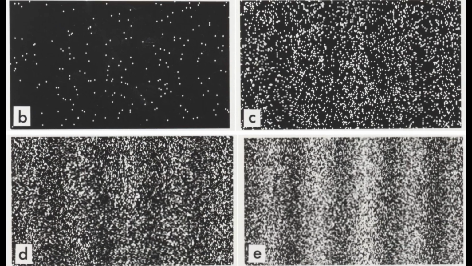When the intensity of the light is lowered so much that only one photon passes through at a time, something astonishing happens. Each photon appears as a tiny dot on the screen, as though it behaves like a classical particle. But as these dots accumulate over time, they form the same interference pattern as before.